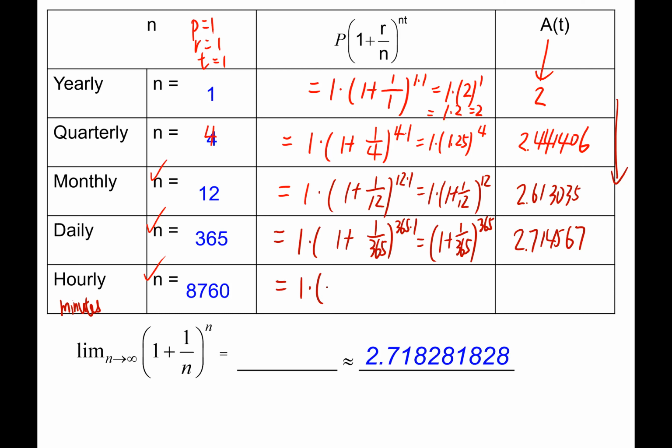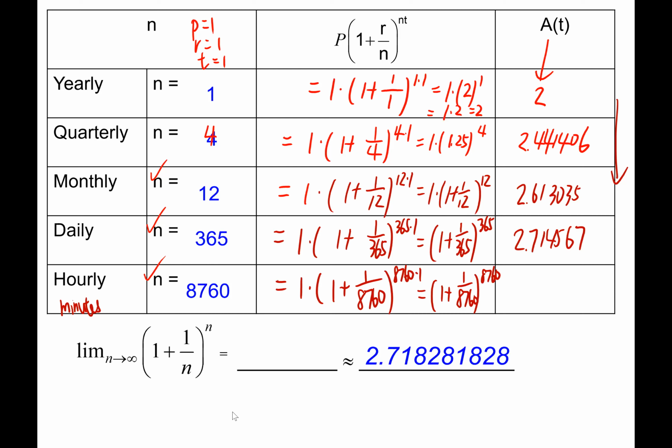But let's see, 8760 compounded hourly, meaning you receive interest 8,760 times over a year times 1. So it becomes 1 plus 1 over 8760 raised to the 8760th power.